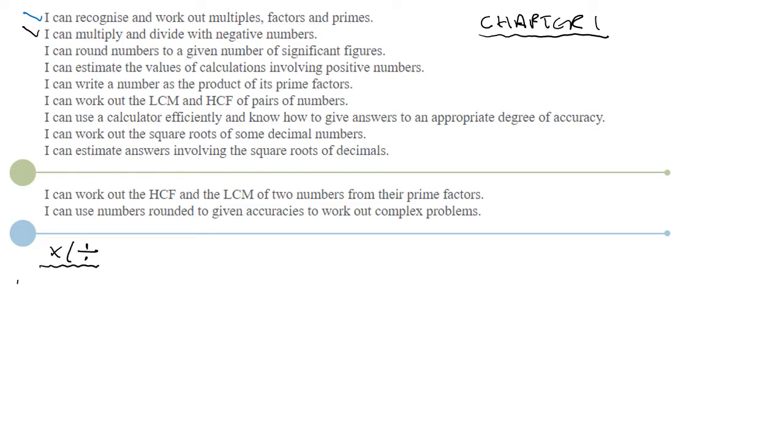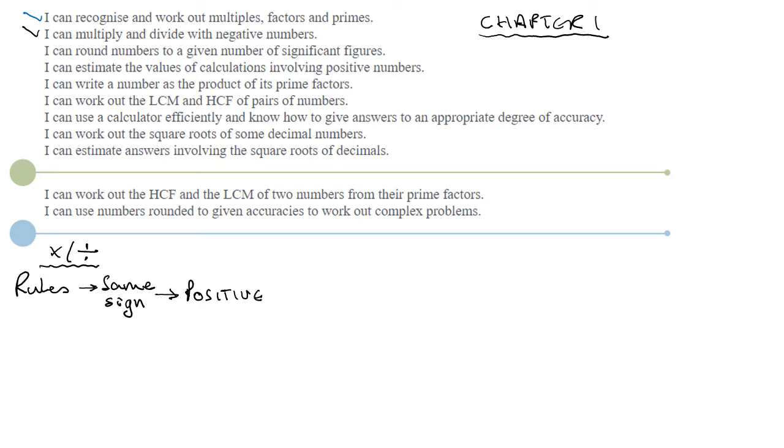And the rules are that if you multiply two numbers which have the same sign, so they're both positive or they're both negative, you'll end up with an answer which is positive.